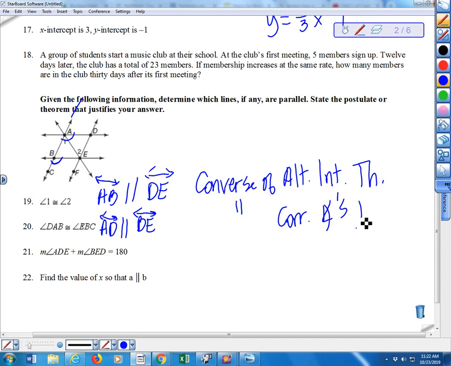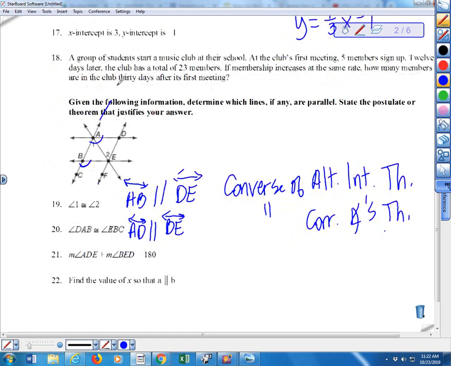Okay, if I'm told that ADE, this angle, and BED, this angle, equal 180, what two lines are parallel? AD and BE.